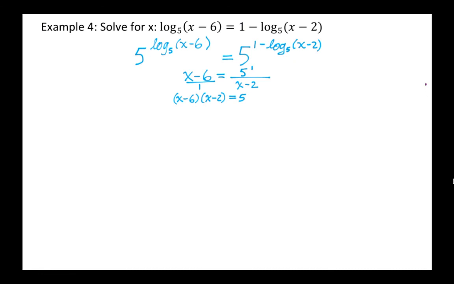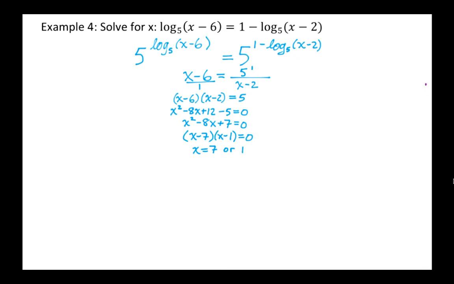And now if I expand the brackets here and then move that 5 to the other side, I have a quadratic equation. Now I can solve that quadratic equation by factoring just by looking for the factors of 7 that add to negative 8. So that would be negative 7 and negative 1. And now you can see x is either 7 or 1.